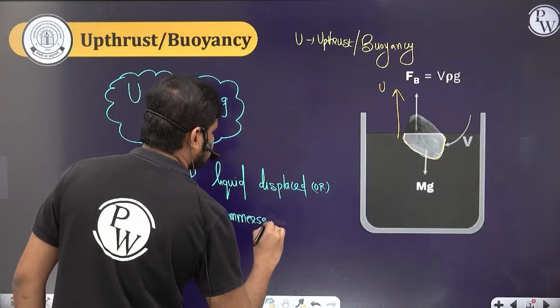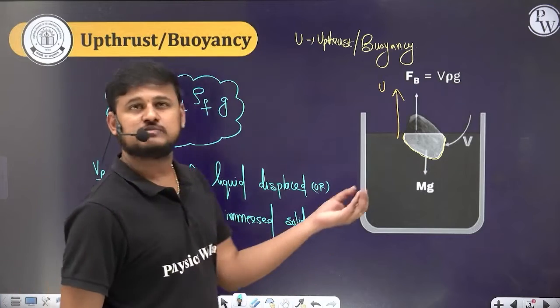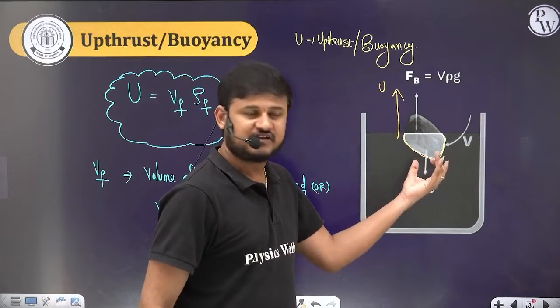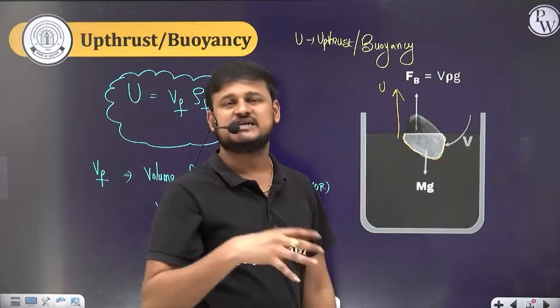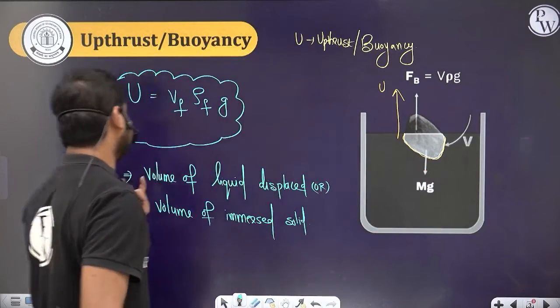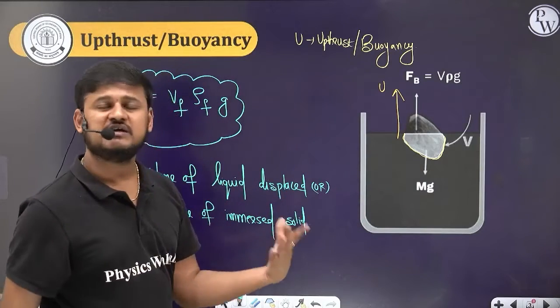Very important: whenever an object is immersed in a liquid, some liquid will be displaced. That Vf is nothing but the volume of the liquid displaced, or the volume of the immersed solid.